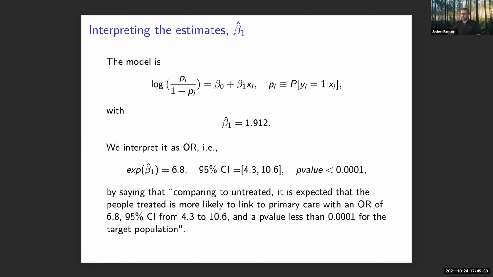So we're comparing to the untreated, as expected. The people treated are more likely to link to primary care, with an odds ratio of 6.8 with a 95% confidence interval from 4.3 to 10.6 with a p-value of less than 0.001.